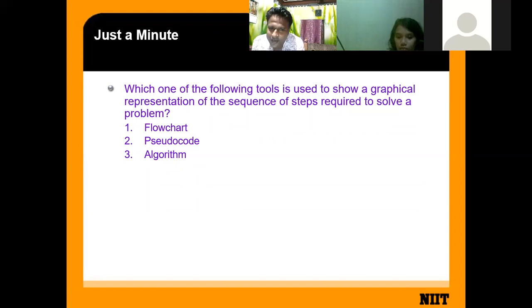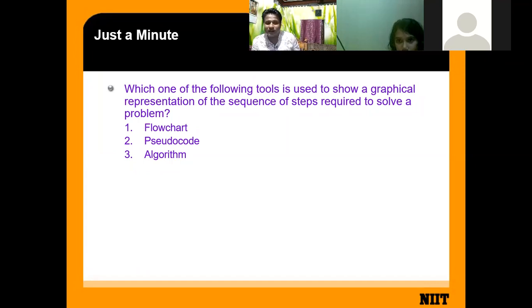Which one of the following tools will we graphically represent with: the flowchart, pseudocode, or algorithm? Subhasri? Sir, pseudocode.